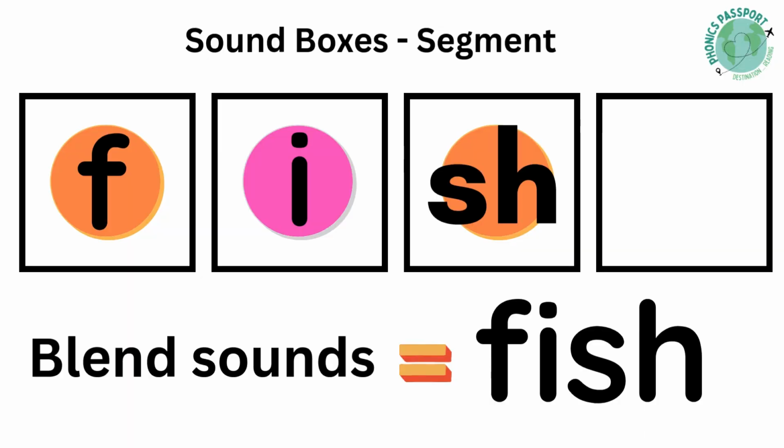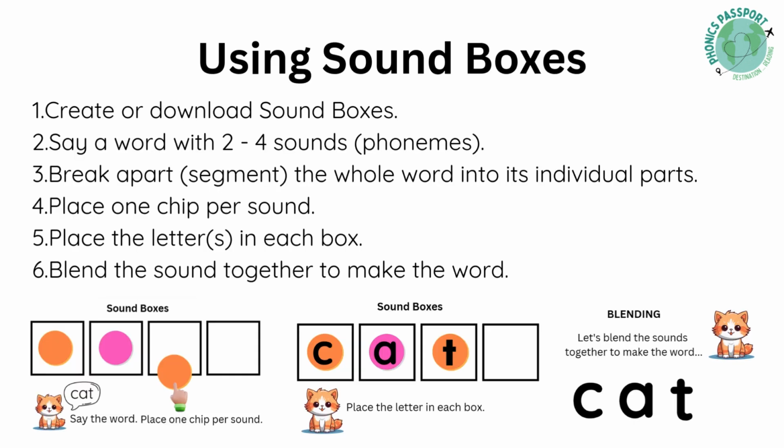Remember, segmenting helps us break words into sounds, and blending helps us put them back together. Keep practicing sound boxes at home with your child. Before we go, here is a quick overview of the steps we took during this video on how to use sound boxes. Number 1, create or download sound boxes.